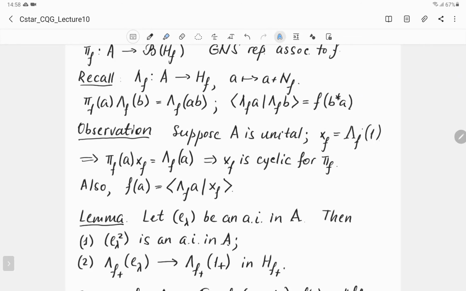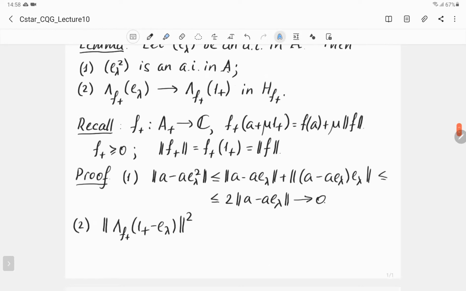And so this inner product of 1 minus E lambda by itself is nothing but F applied to (1 minus E lambda) squared. So here I use the fact that this element is self-adjoint. But what is this?